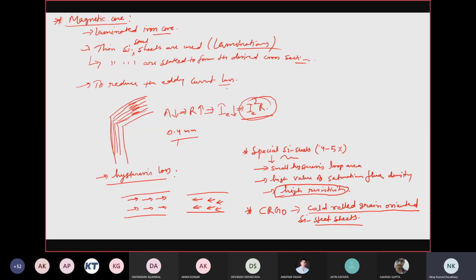So the main advantage is that this type of material basically reduces the magnetizing current, which is taken by the primary winding.